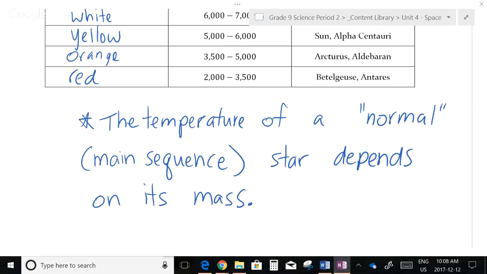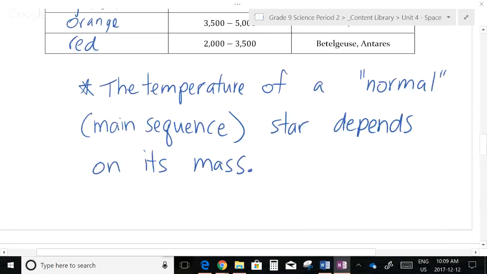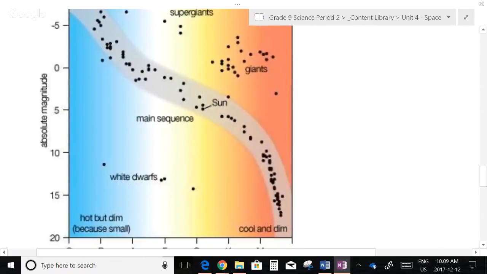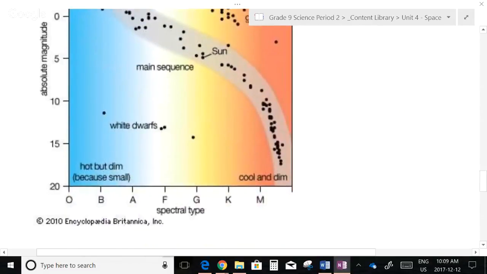An explosion where I use one of these little beakers full of gasoline shaken with air? Or an explosion where I take a jerry can full of gasoline and shake it? Which one's going to be hot? Jerry can, right? Does that make sense? Cool. So the temperature of a normal star depends on its size.